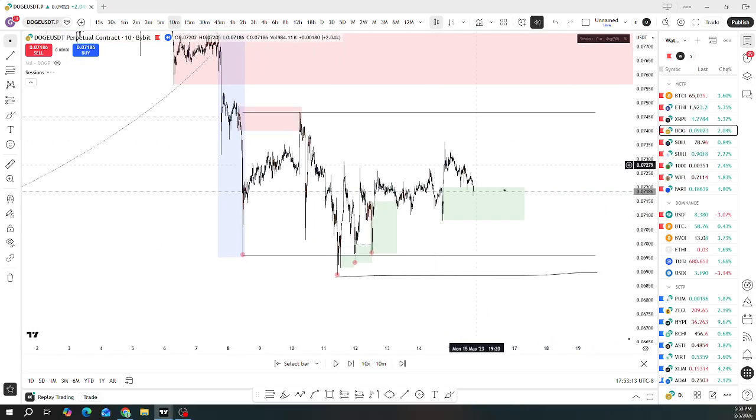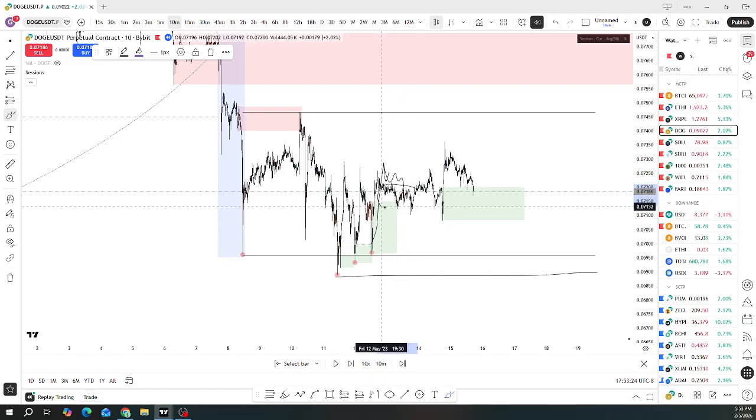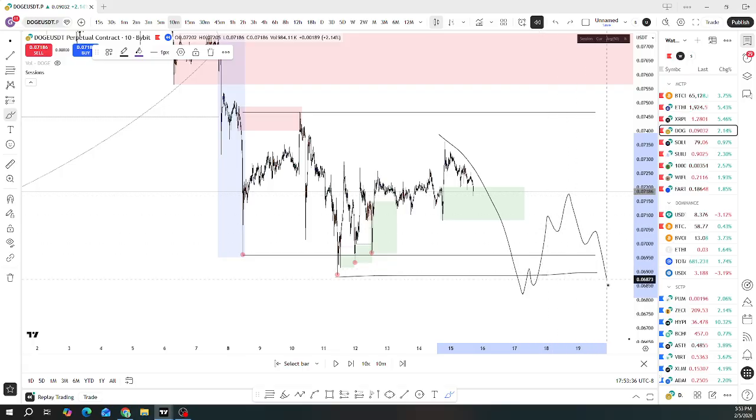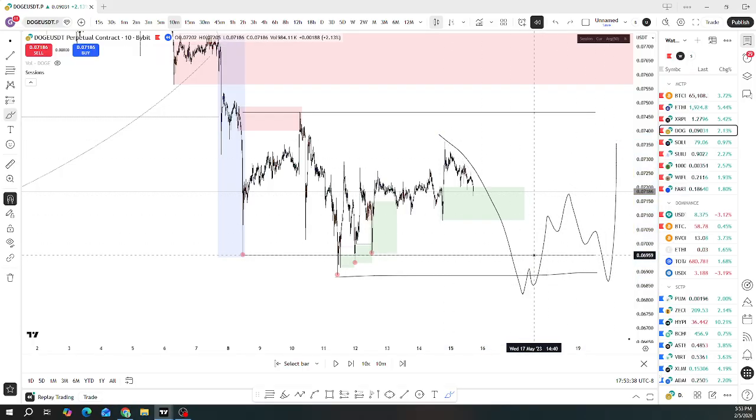I don't really like looking at this as an accumulation any longer, just due to how overextended it's gotten. Preferably if I'm going to trade an accumulation and move up, it's going to be something like this region right here where you get your high probability accumulation that can just get that continuation. But now it's taken so long that it seems like you could easily come down and take out that low once more and just build some liquidity for that purpose.